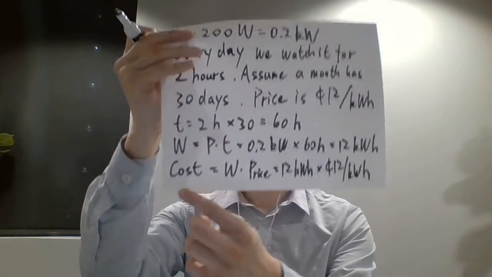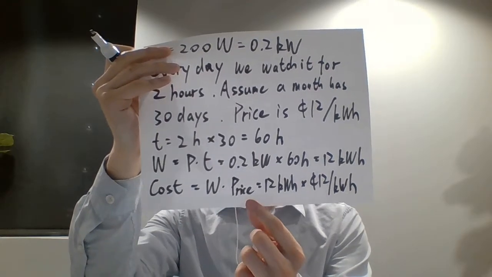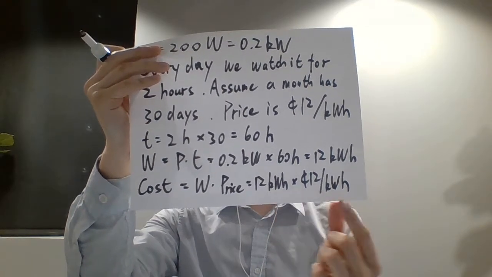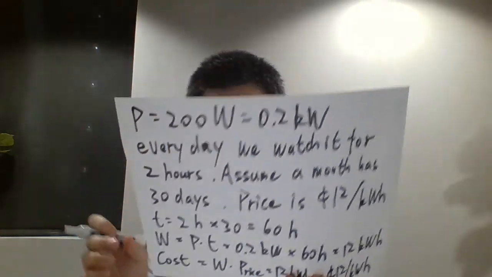Cost would be W times price, which is 12 kilowatt hour times 12 cents per kilowatt hour, which is the price.